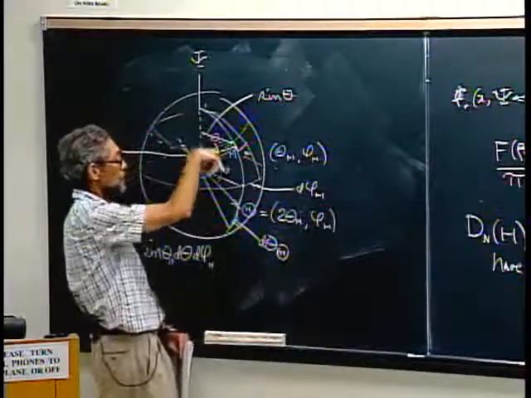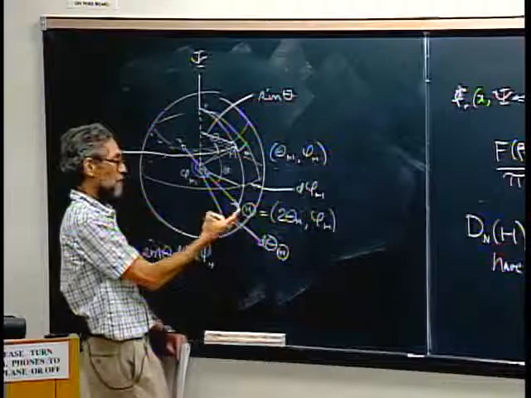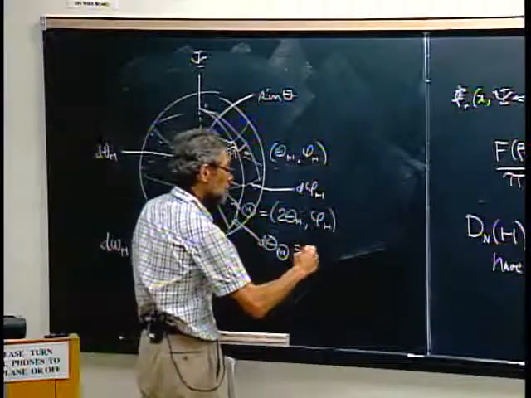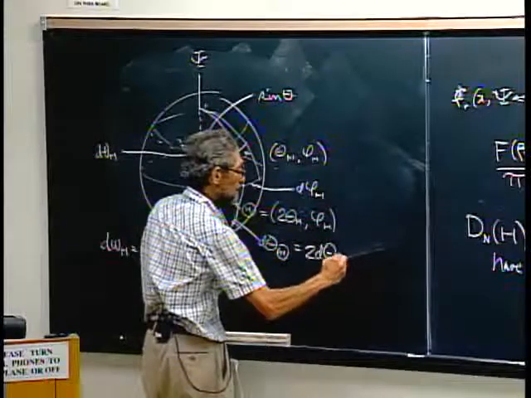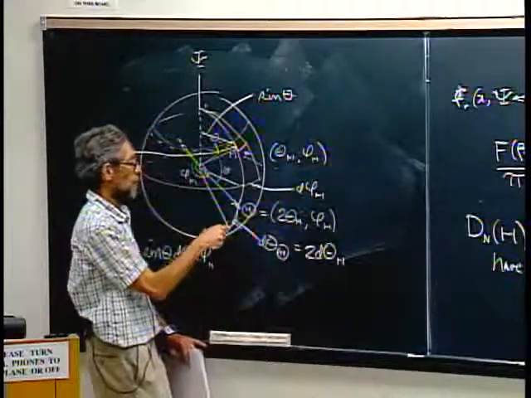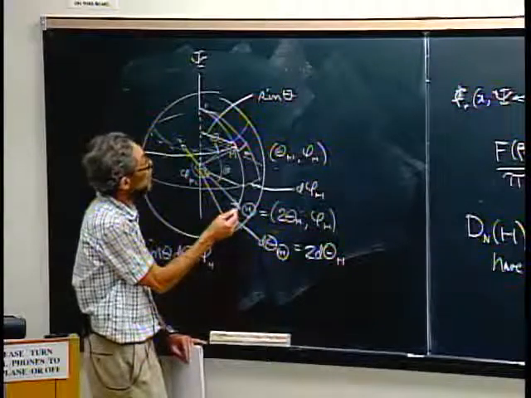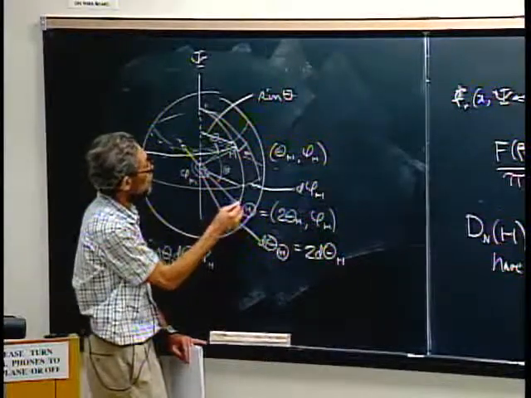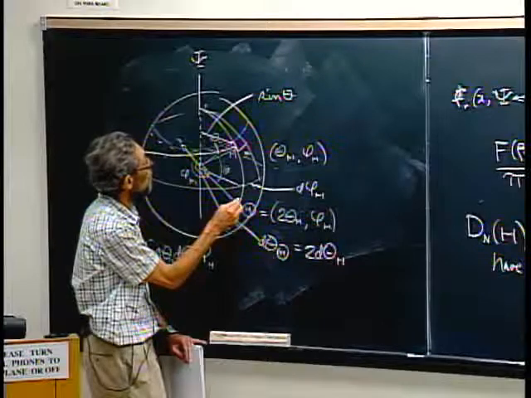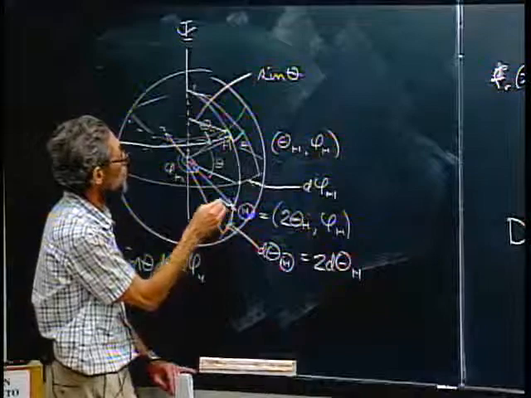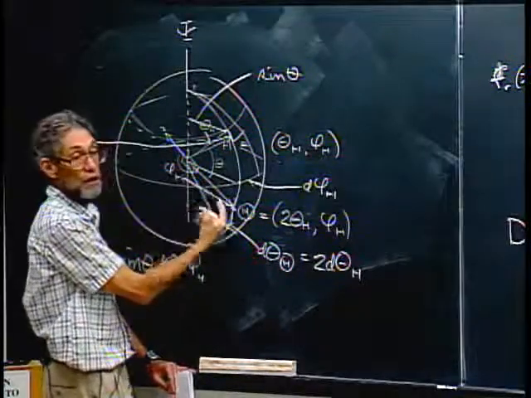Lowercase theta measures this angle, and capital theta is the outgoing reflected direction. That's 2 d theta h, because this angle was double that one. But this one, what we need to know is, what's the radius here in the same plane, right? Perpendicular, measured here.